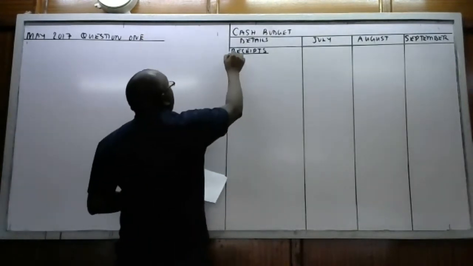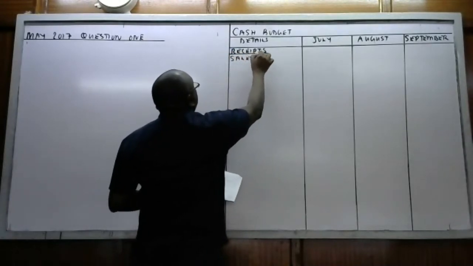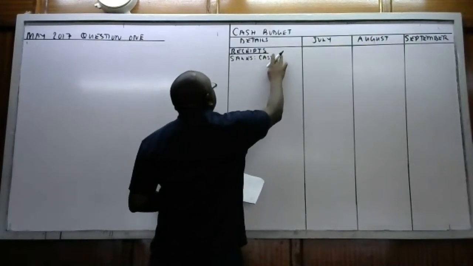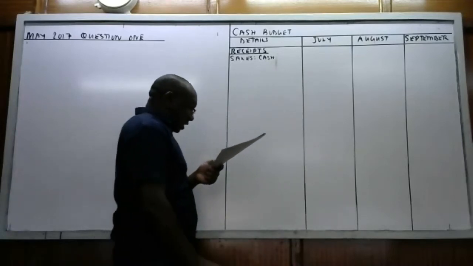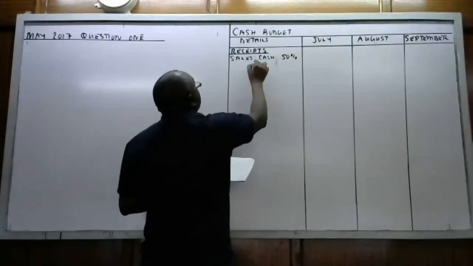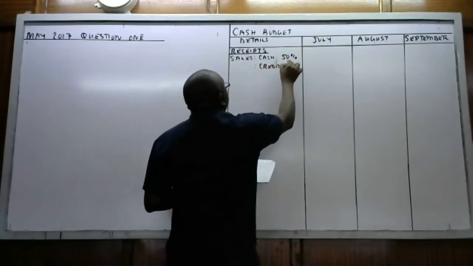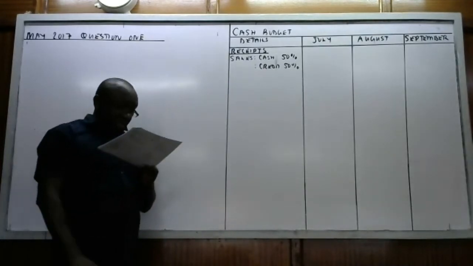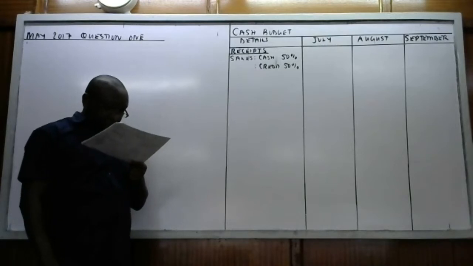From what you can see there, money is coming from sales, and in these sales we have cash. According to information 8, we are told it is 50%, and then we have credit, which we are further told is also 50%. There is nowhere else we are getting money from.